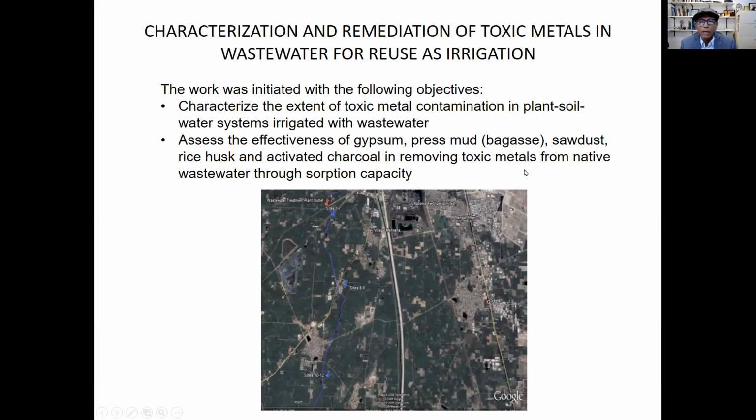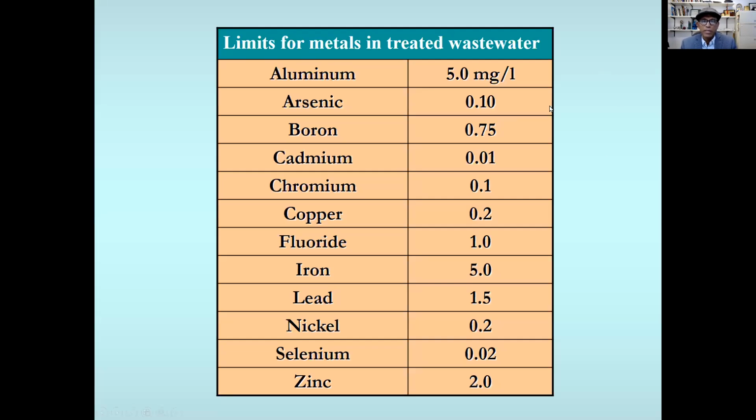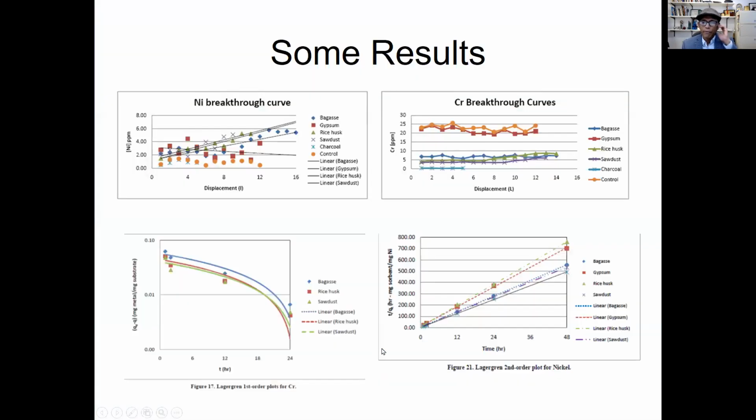We tried some locally available materials to remove heavy metals from the industrial wastewater. These are the various metals that we tried: aluminum, arsenic, boron, cadmium, chromium, copper, fluoride, iron, lead, nickel, selenium, and zinc. And we have found some very good results.